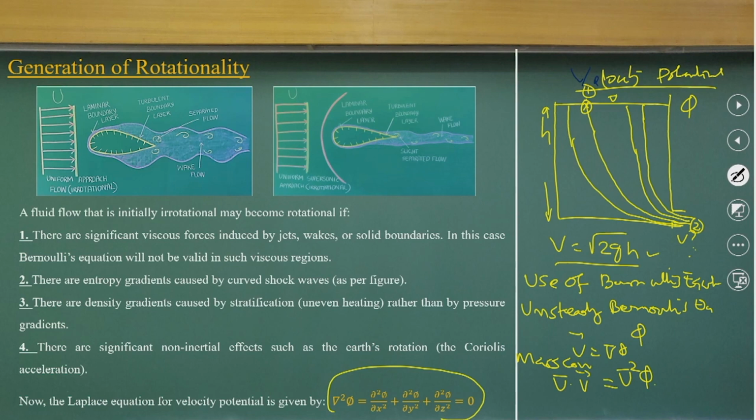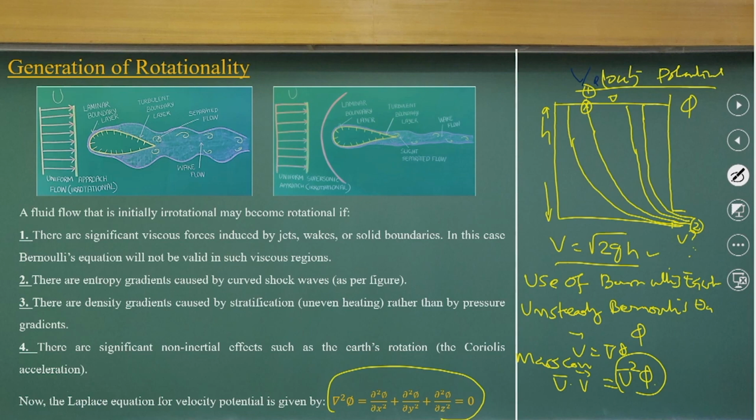So basically your mass conservation equation, written in terms of the velocity potential function, comes out to be the Laplace equation of phi, which is linear. It may be second order, but it is a linear function which we can easily solve.